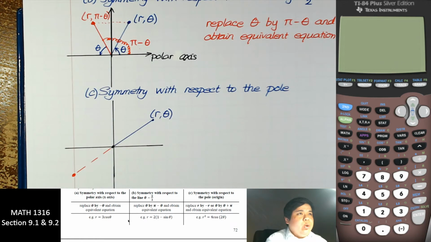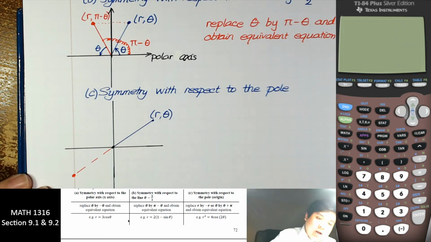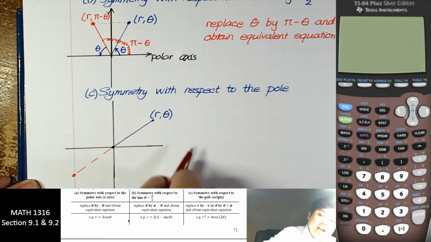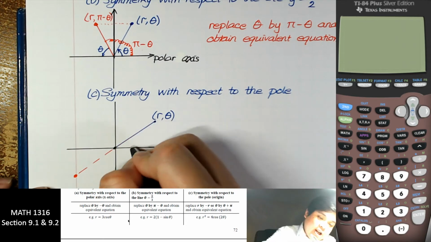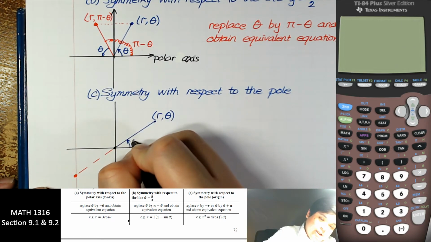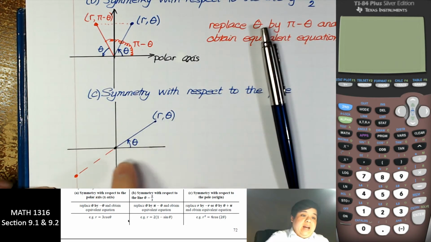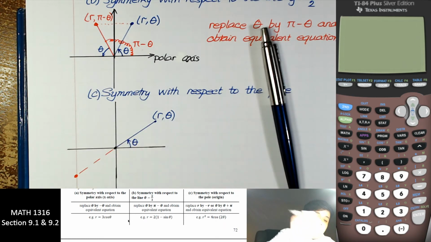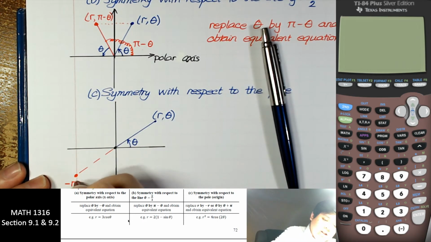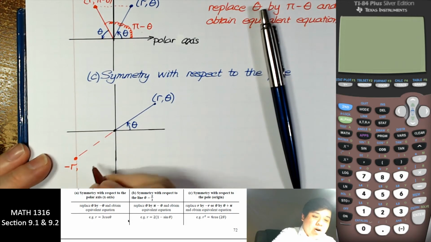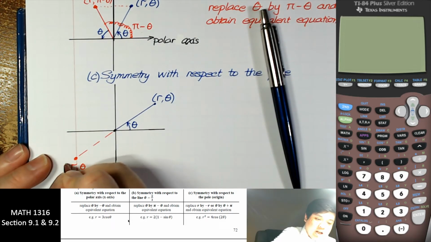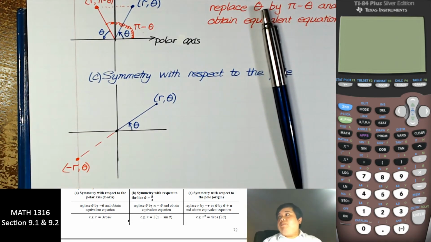There are two ways to do it. One, we keep the radius, and one we keep the angle. First, if this is angle theta, and since this is the opposite direction, we throw in a negative to r, and this is one representation of the point.